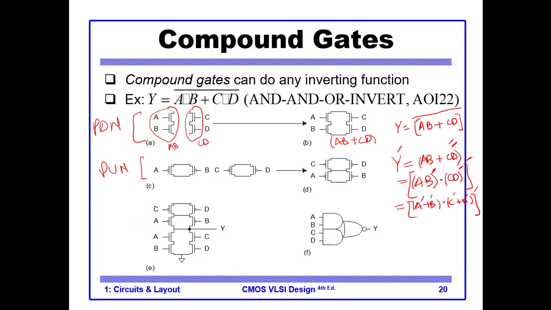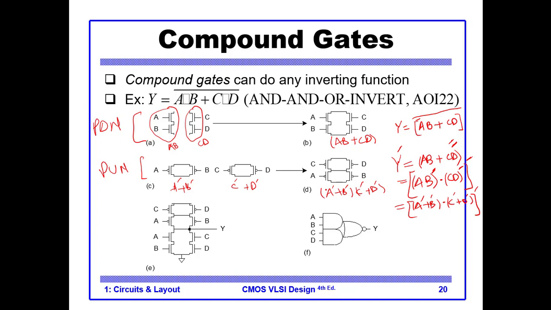So you see, this one is A bar plus B bar, this one is C bar plus D bar, and this one is A bar plus B bar ANDed with C bar plus D bar. So they are connected in series. So this is our pull up network.